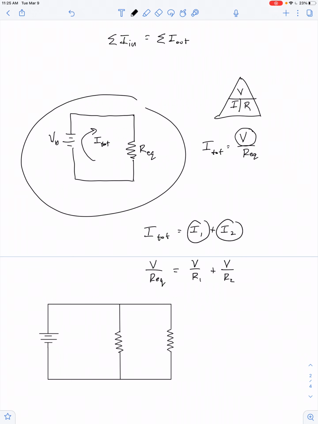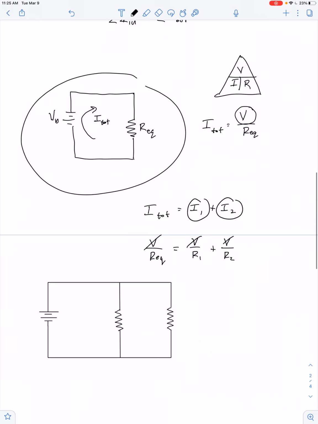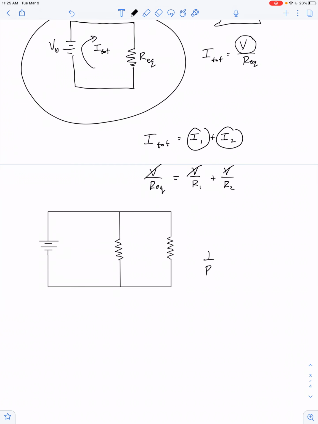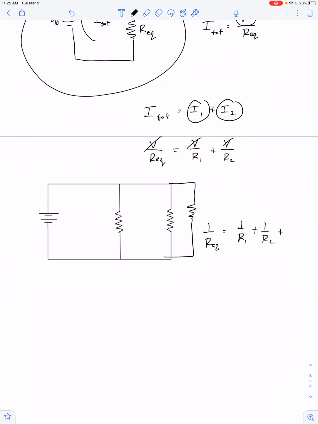So in this case, we can divide out V, and lo and behold, we find that 1 over the equivalent resistance is 1 over R1 plus 1 over R2. Now what happens if we add a third resistor in parallel? Then it's exactly as you would expect. So we could generalize and say the inverse of the equivalent resistance is equal to the sum of all the inverse values.